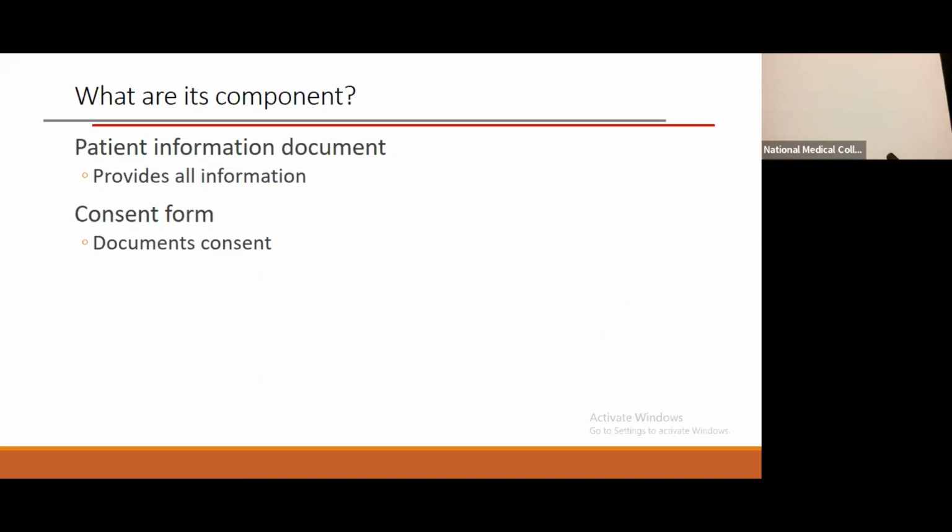So there are two components of informed consent. One, you have to have a patient information document, which will provide all the information to the patient. Second is, there is a consent form. The patient or patient's representative has to sign that form.